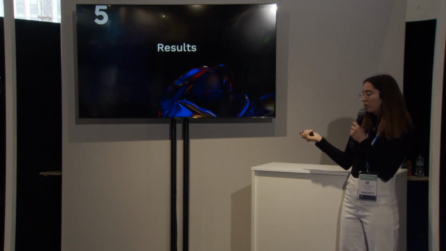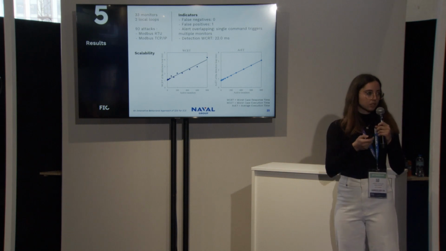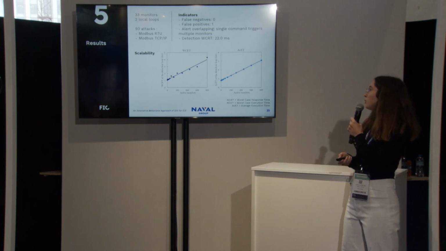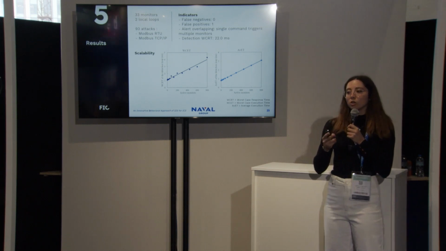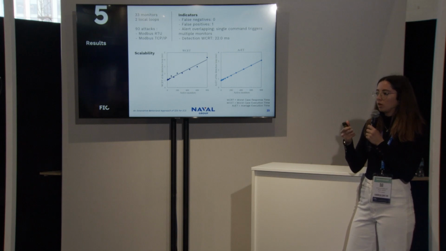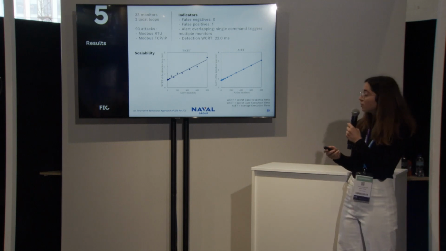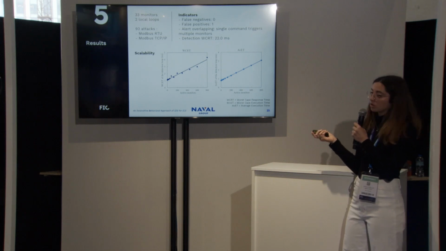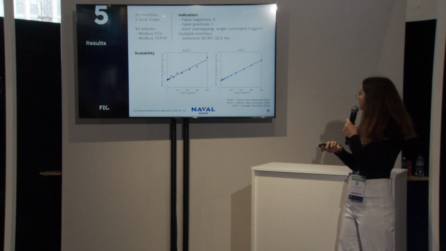Now for the results part. In this specific example, in this local loop, we deployed 33 monitors. We used 2 local loops, one for each rudder, because one local loop was for one rudder. We deployed 93 attacks, as I was saying, both on field buses and TCP/IP networks.